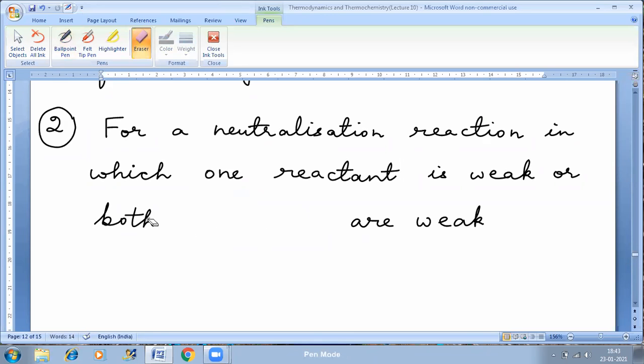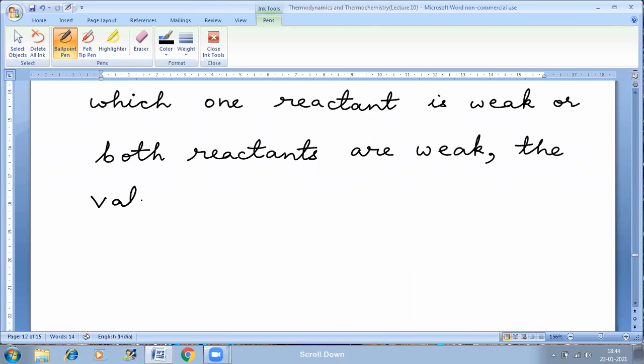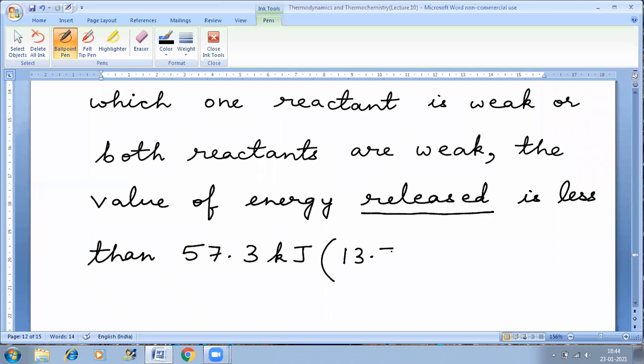For a neutralization reaction in which one reactant is weak or both reactants are weak, the value of energy released is less than 57.3 kilojoule or 13.7 kilocalories per mole of water formed.